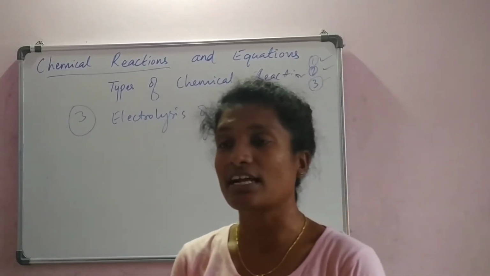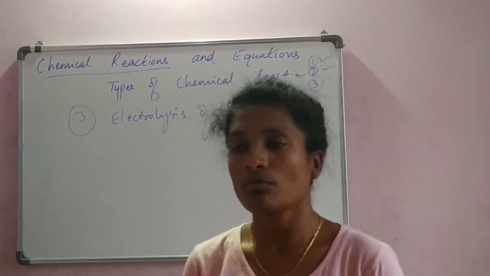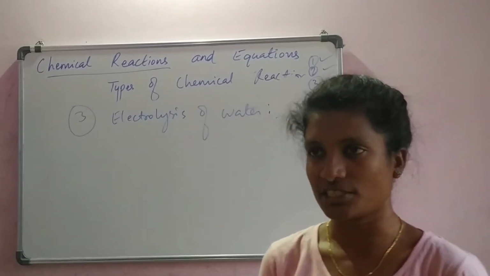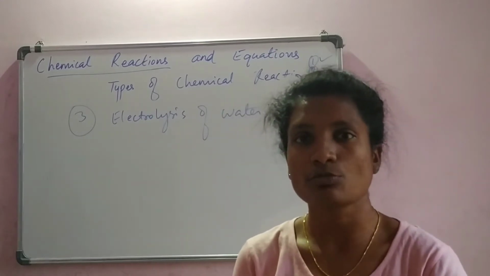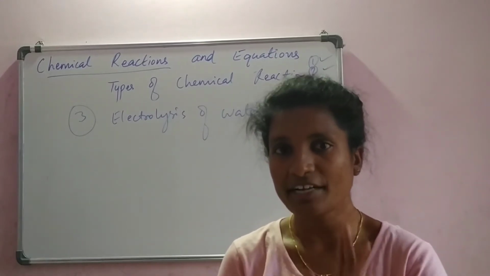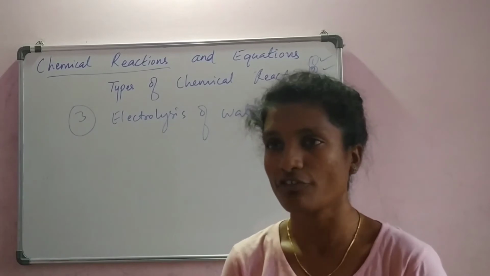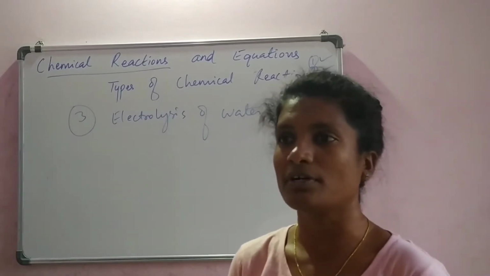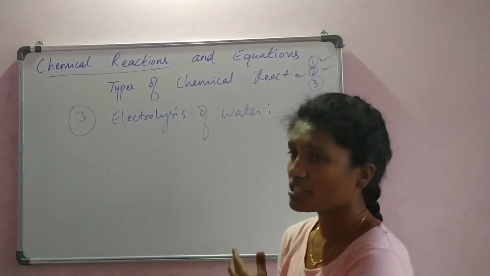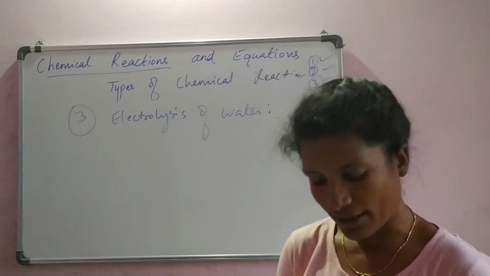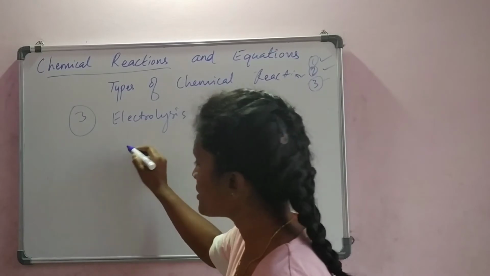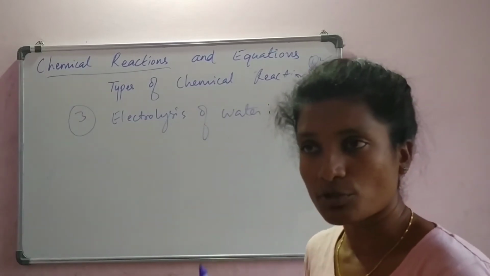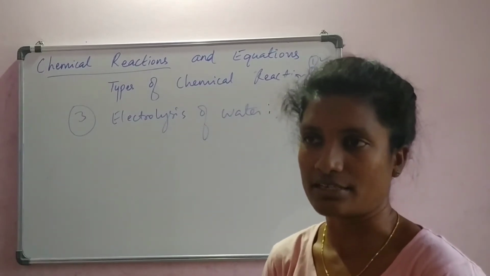So when does it conduct electricity? When it is in molecular state or in ionic conditions. Water contains hydrogen and oxygen, which have to be split out. So for that splitting purpose, we use the decomposition reaction method. So far we were studying that decomposition used heat, but decomposition reaction also uses electricity.